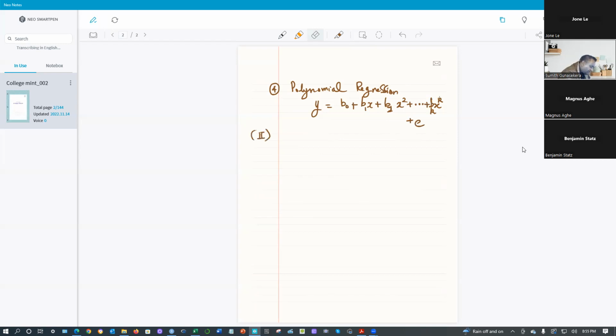It's called multiple linear regression. Multiple means more than one explanatory or x variable. More than one x variable.